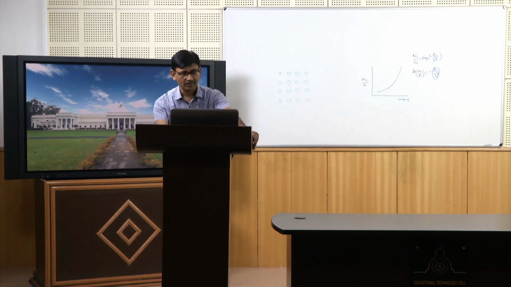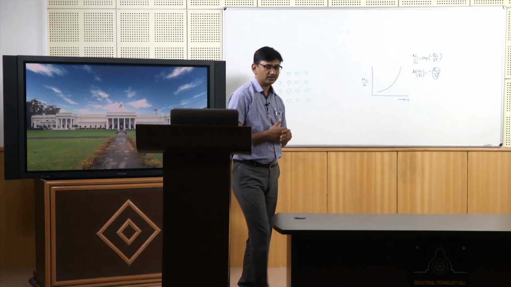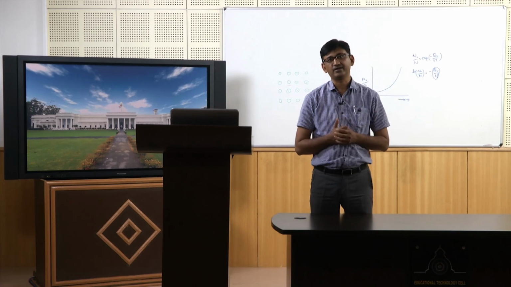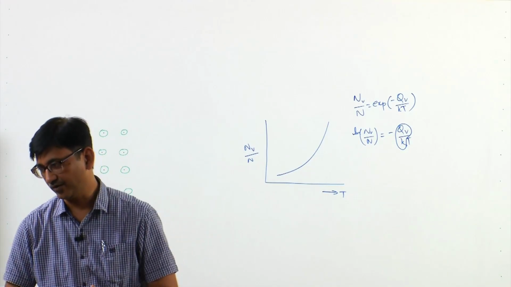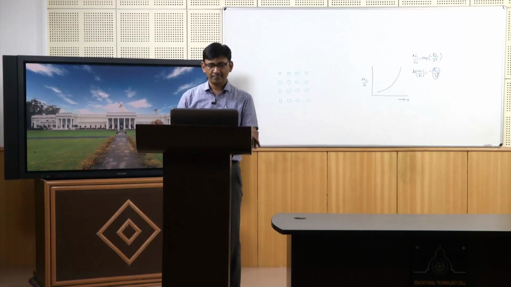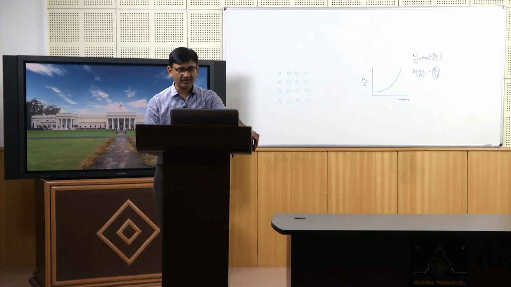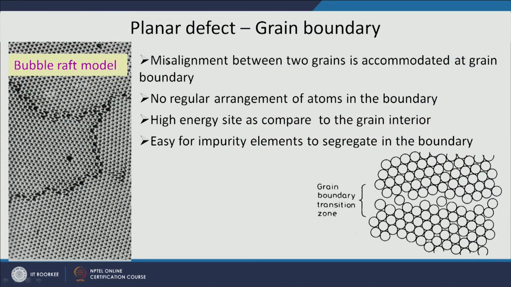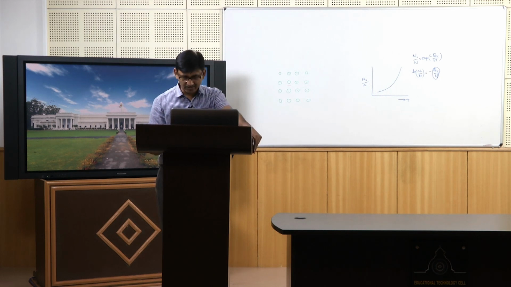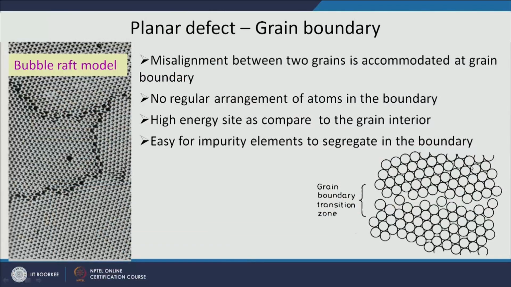Okay. Then the next one which is of importance, we have already seen and discussed, is grain boundaries. This is a planar defect, meaning it is over an area. Basically, what a grain boundary does is accommodate the misalignment between two grains. As you can see, there is a nice atomic arrangement here in one direction.